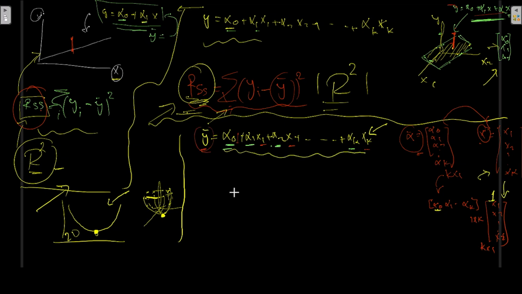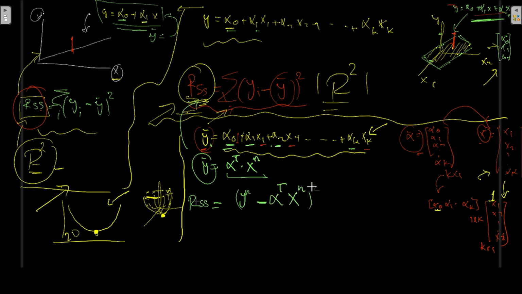So in this case, we could rewrite the y hat as alpha transpose multiplied by x. This is only y hat for one point, a certain n, where n is which point we are predicting. So my RSS is going to be the original y of a certain value of n, for example, subtracted from the value of the y hat. We take the square, and at the same time we take the sum.